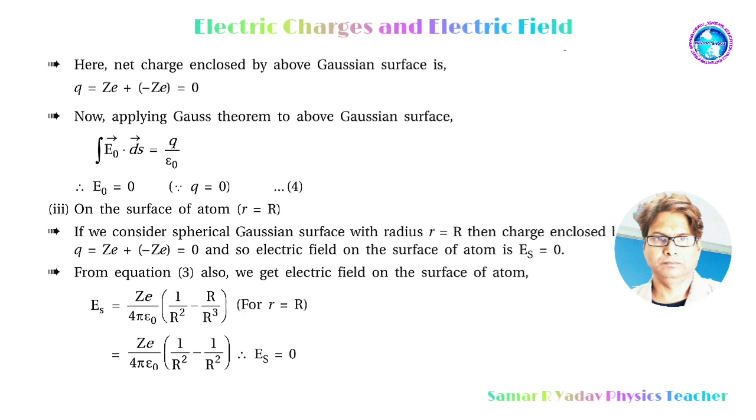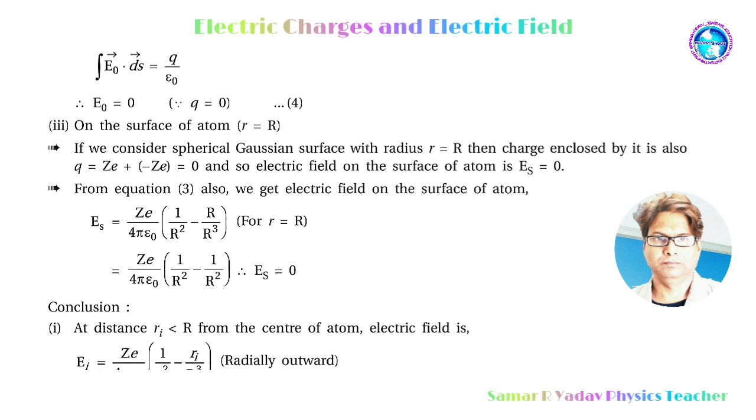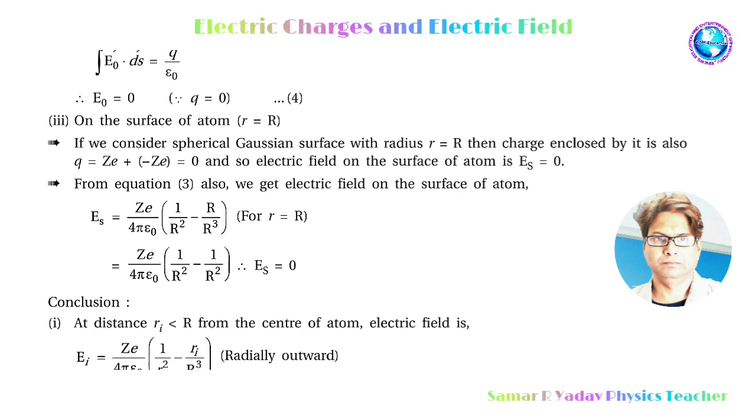From equation 3 also we get the electric field on the surface of the atom Es equal to capital Ze upon 4 pi epsilon 0 in brackets 1 upon r square minus capital R upon r cube, for small r equal to capital R, which is equal to Ze upon 4 pi epsilon 0 in brackets 1 upon r square minus 1 upon r square. Therefore Es is equal to 0.